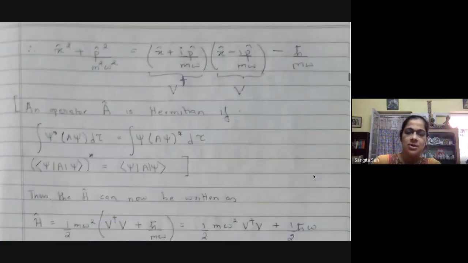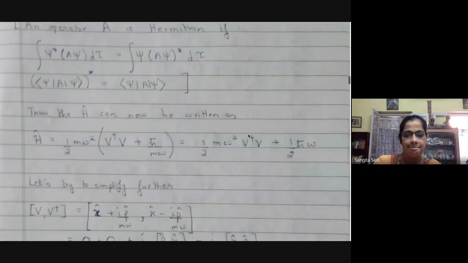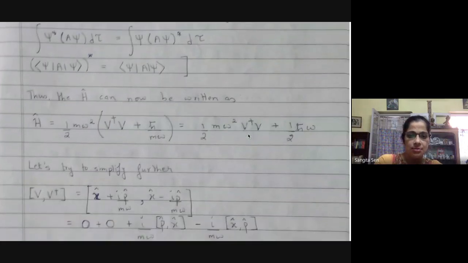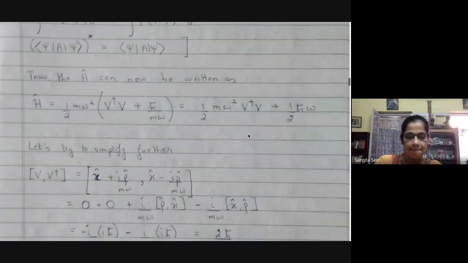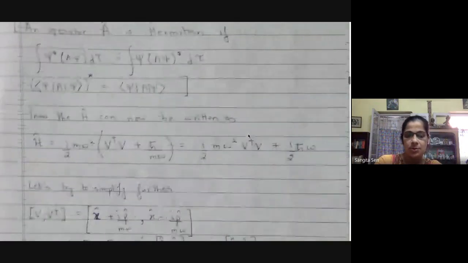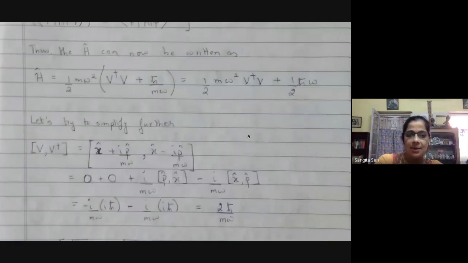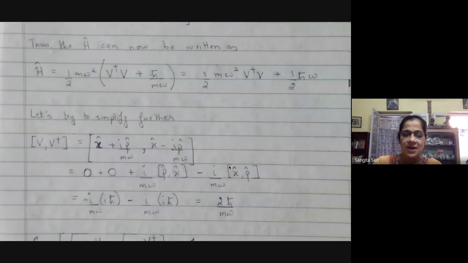We also found that the operator V is Hermitian. Okay. No, did we do that? No. Anyway, so then once we had the Hamiltonian in terms of V, we wanted to simplify it further.